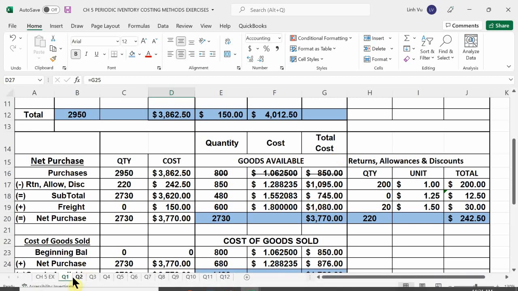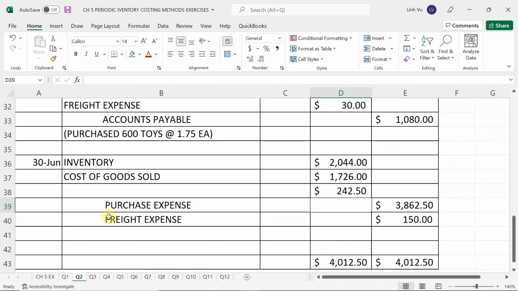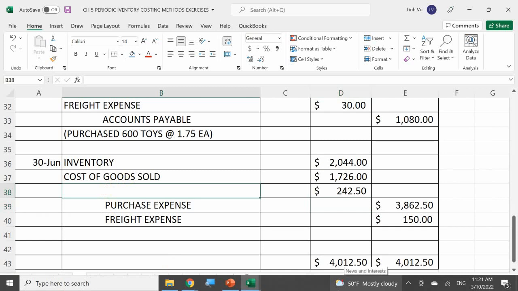So, a new addition to the journal: you also need to remember that if there's a purchase returns and allowances, in order to zero that account out, you need to reverse it. So if I credited my purchase returns and allowances, that means in my conversion, it will be recognized as a debit.